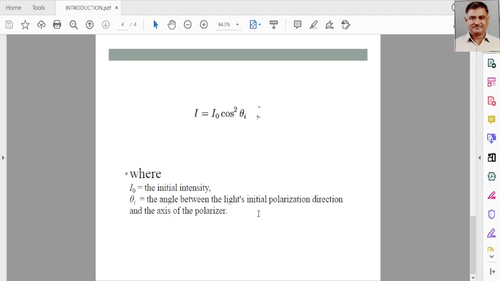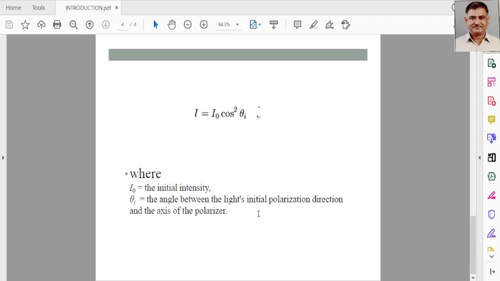Listen once again, they may ask in multiple choice questions, what are negative crystals?